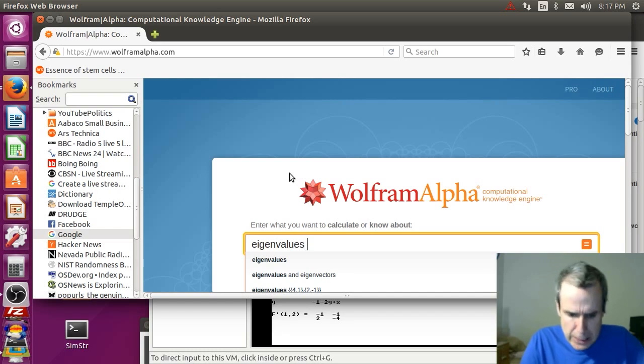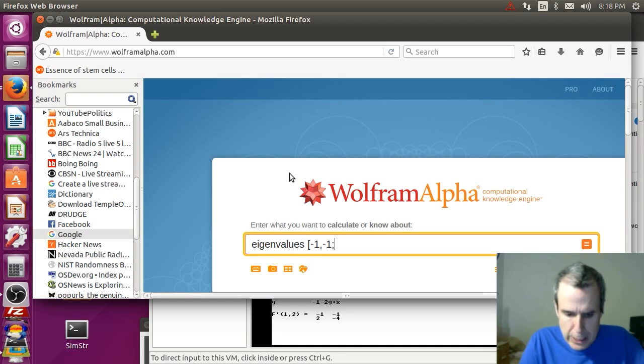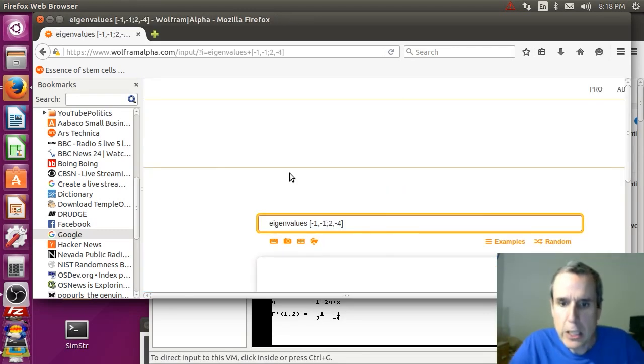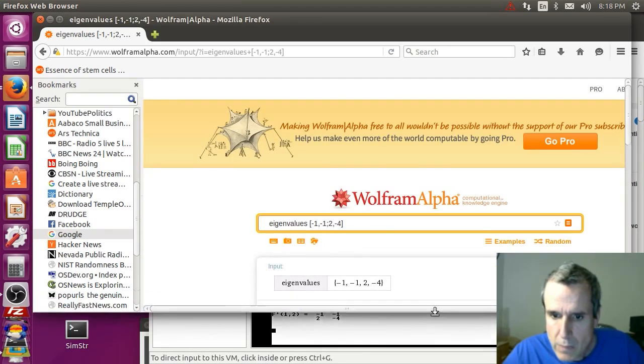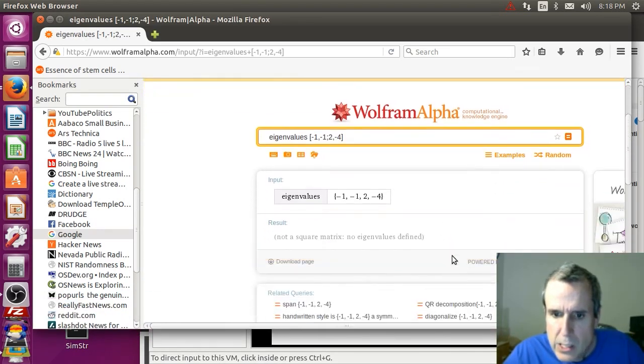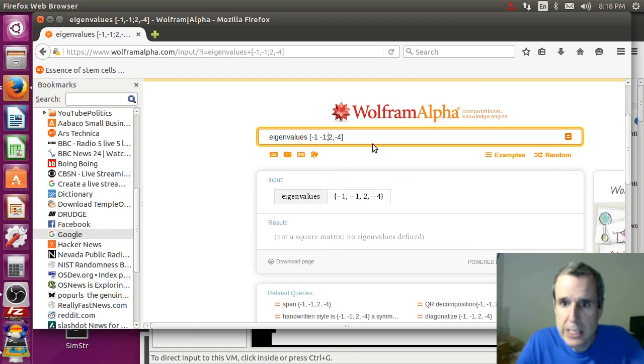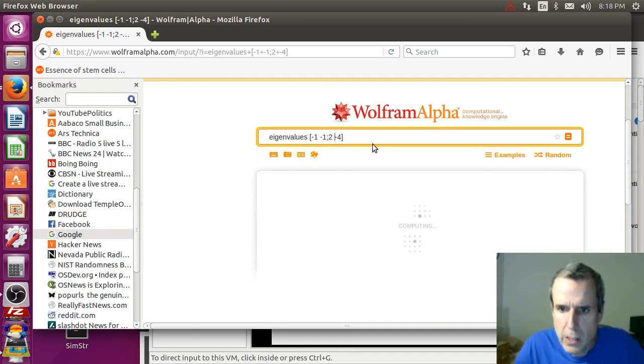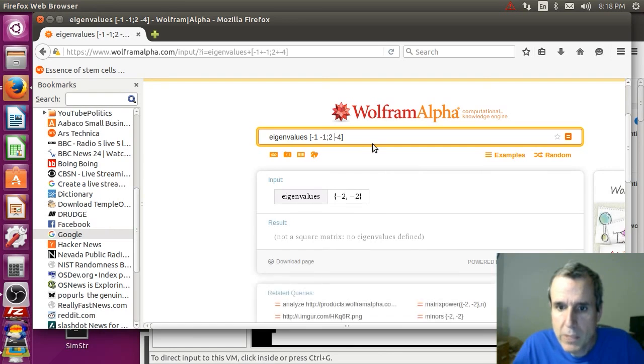Eigenvalues of the matrix with entries 1, minus 1, 2, minus 4. Okay. Minus 2. Whoa.